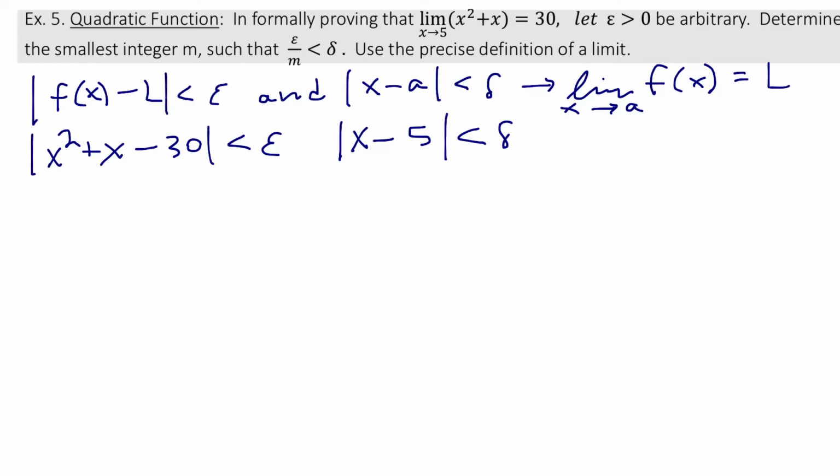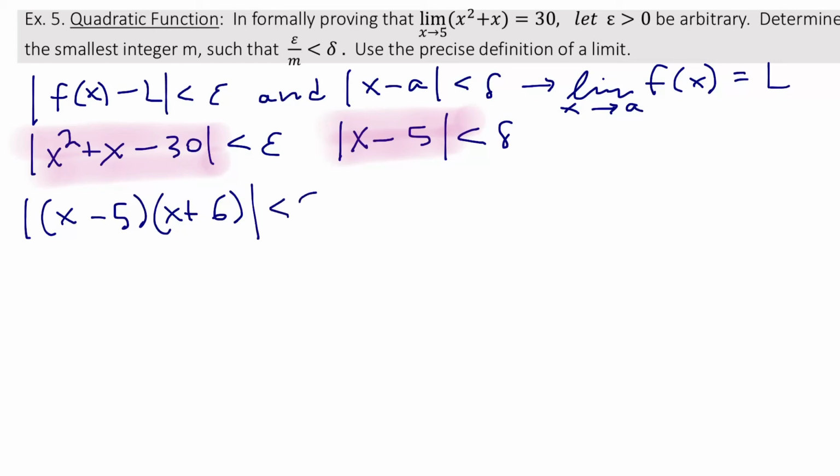So what we're going to do is try to make this part here and this part here look the same, so we can figure out a relationship between epsilon and delta in this form. So that's our strategy. We've got to work on this piece first. I can see that I can factor that: x plus 6 times x minus 5, so 5 and 6, positive, negative.